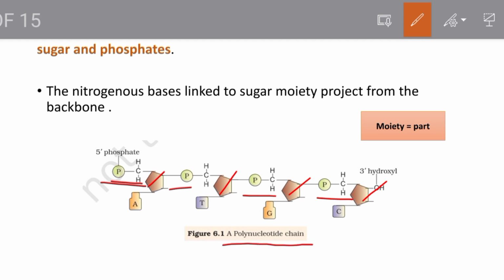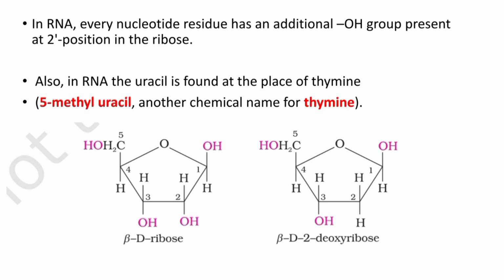The nitrogenous bases are linked to sugar moiety. Moiety means part. Sugar moiety, and these bases project from the backbone. You can see this adenine, thymine. In RNA, every nucleotide residue has an additional OH group present at second position in ribose.